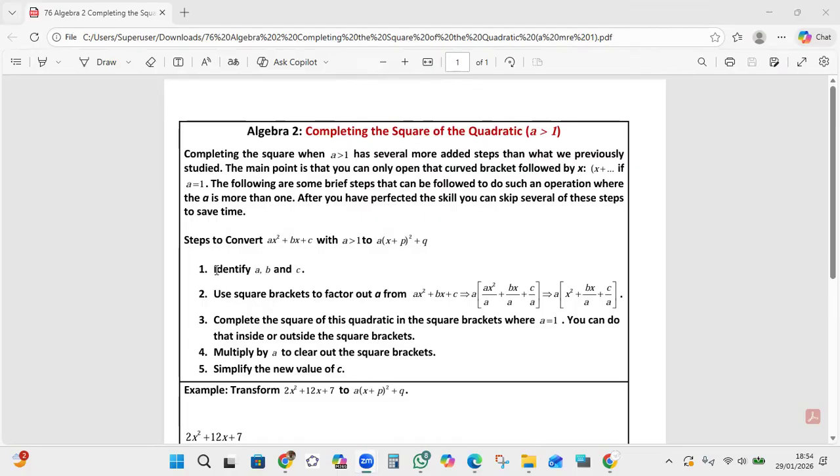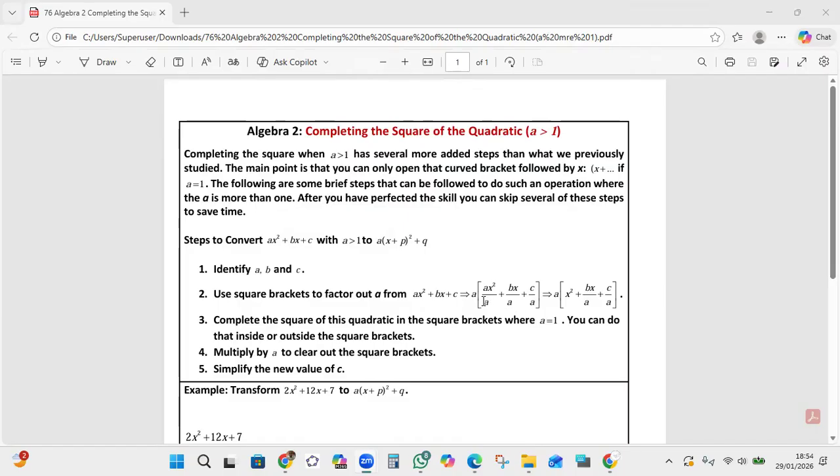So the first thing you do, you identify a, b, and c. Then you are going to use square brackets to factor out a from ax squared plus bx plus c. How do you do that? Here it is. You put a outside of a square bracket, you open a square bracket, and all the three terms of ax squared plus bx plus c, you're going to divide by that same a.